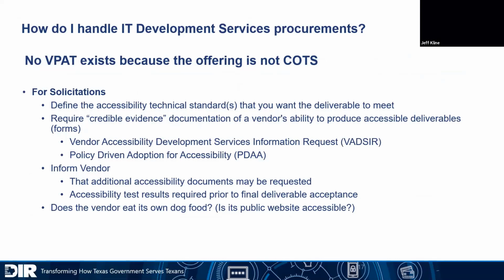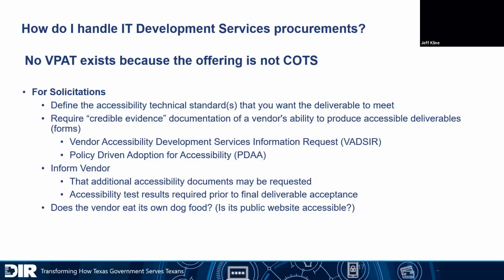It's being used by some other states. And even the General Services Administration lists this as an additional resource. And then you inform the vendor that additional documents may also be requested based on the responses to the initial submissions, and that you're going to need accessibility test results prior to final deliverable acceptance.